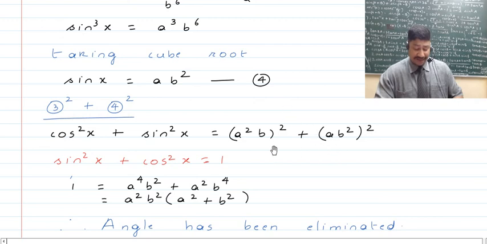And now we have this next equation where sine square x plus cos square x will become equal to 1, as we know by trigonometrical identities, and on the right hand side we have constants.